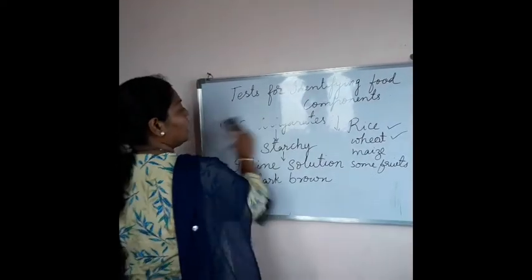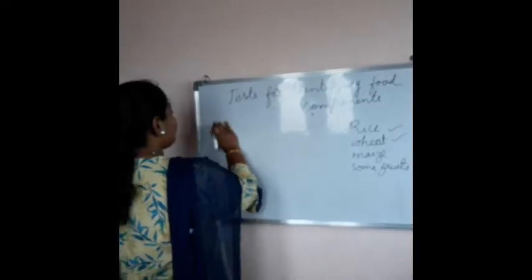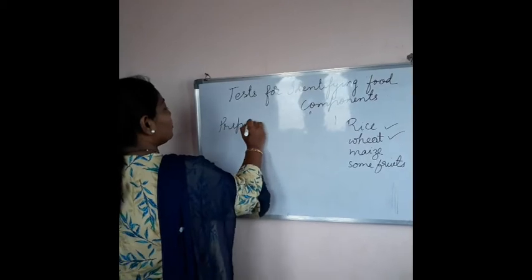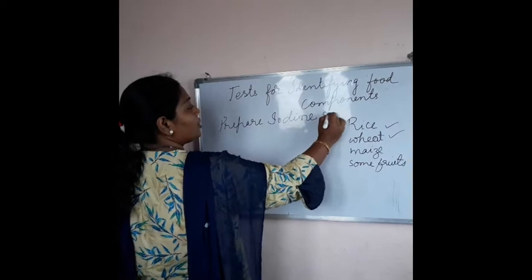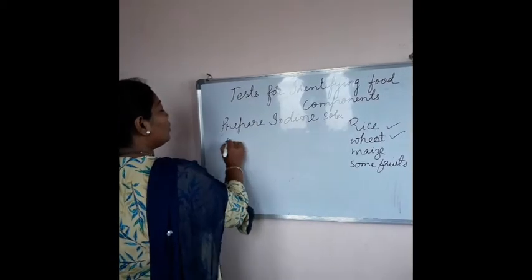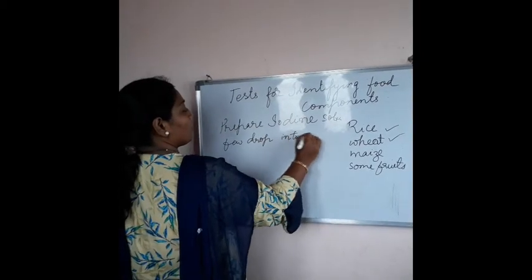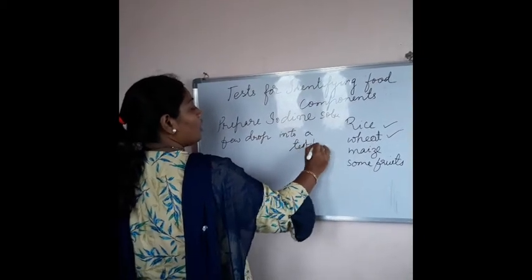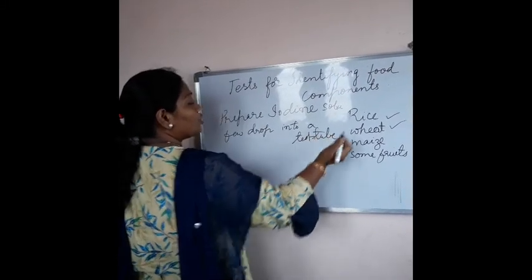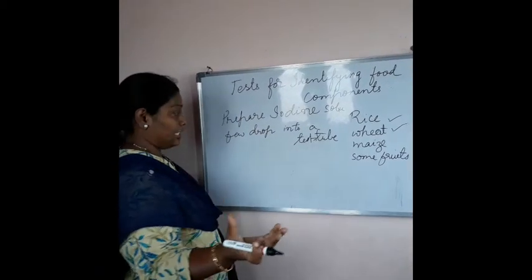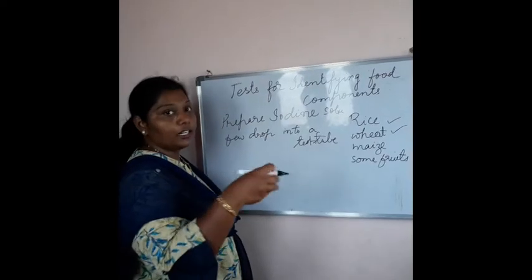Okay, children. Now let us see that. What we have to do is prepare the iodine solution. To prepare this iodine solution, we have to take a neat, clean test tube and add a few drops of iodine solution into the test tube.